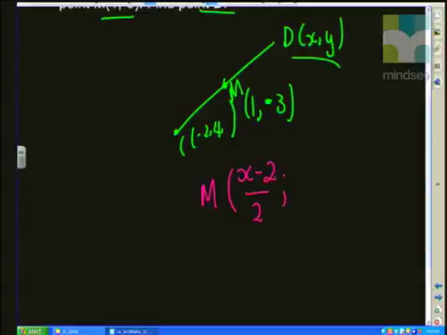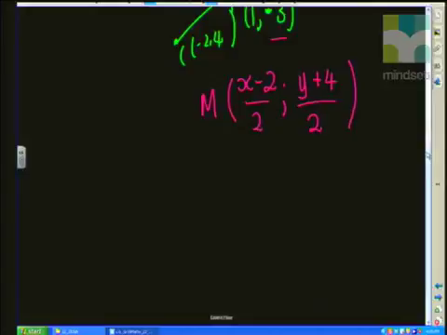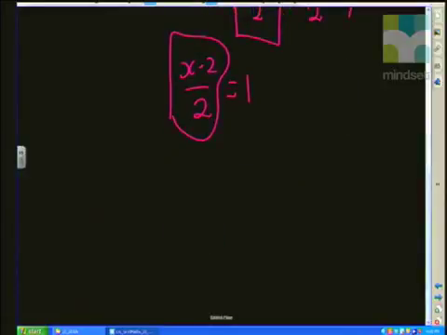The y-coordinate at D plus the y-coordinate at C, divided by 2, gives the y-coordinate of the midpoint. We need to create an equation: the x-coordinate can be written as (x - 2)/2. The x-coordinate of the midpoint was given as 1, so this value will eventually give us an answer of 1.